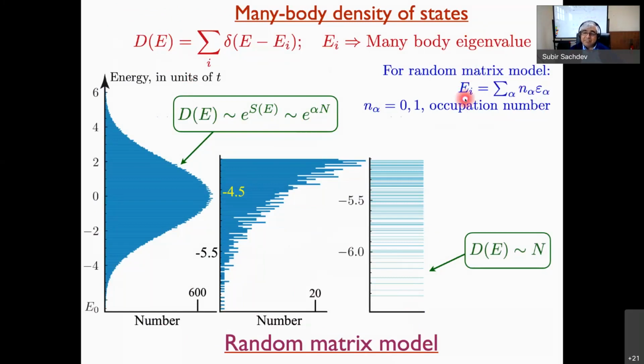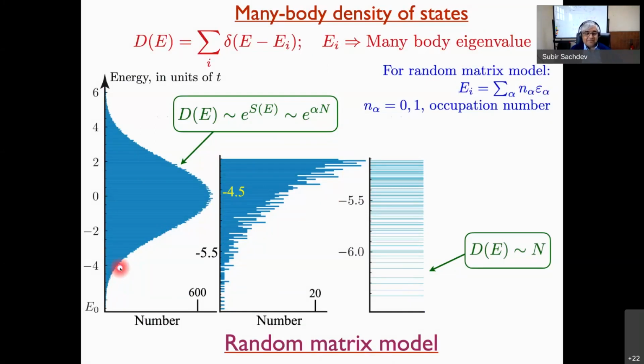So now you have an exponentially large number of eigenvalues, not of order n, as that's E alpha, but e to the n, or 2 to the n. Okay, so you can ask, what is the density of states of this? This is just obtained from the Wigner distribution just by occupying all the states, and here's a plot of it.